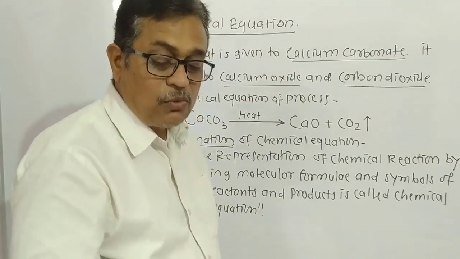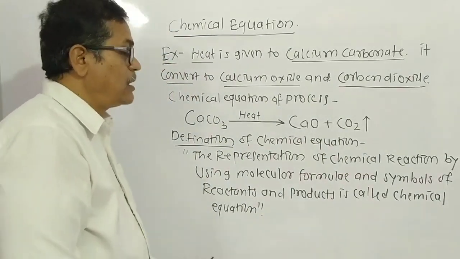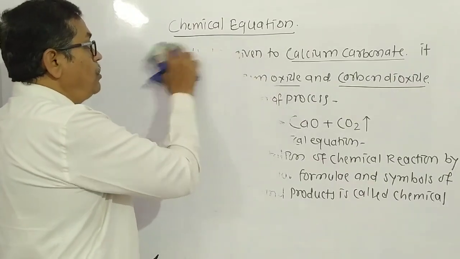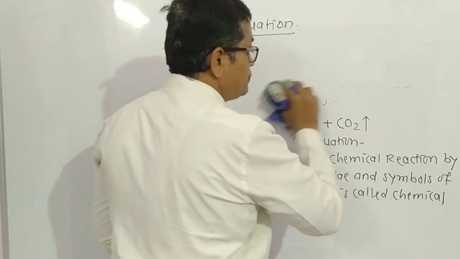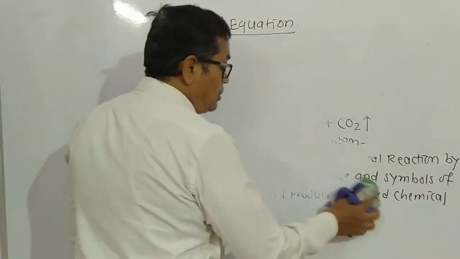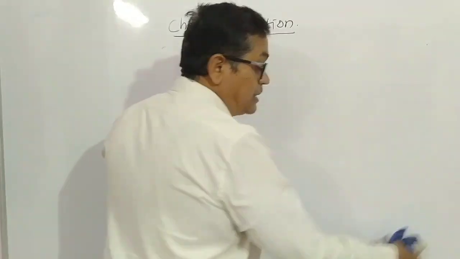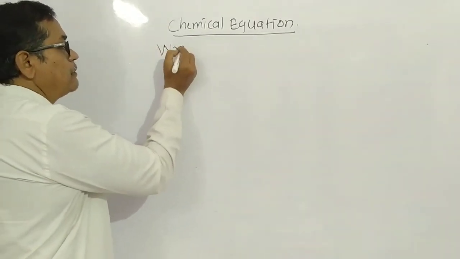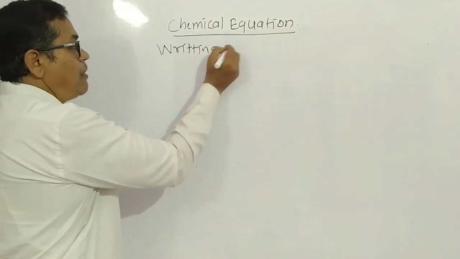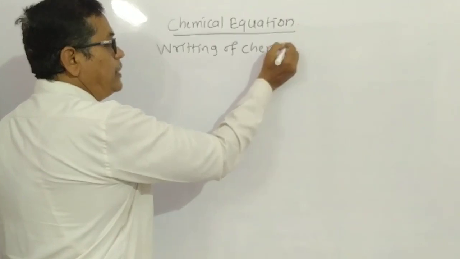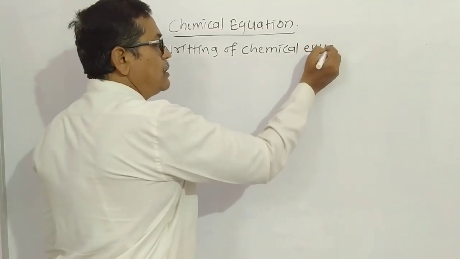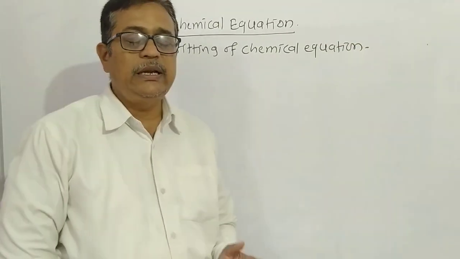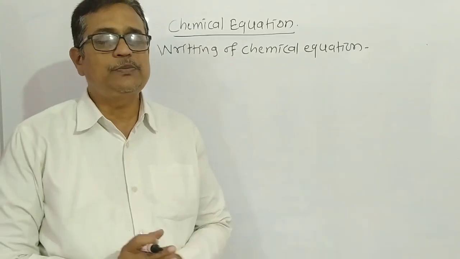Dear student, now we study how to write the chemical equation. There are some steps involved in writing the chemical equation. Firstly, it is necessary to denote what is reactant and what is product.